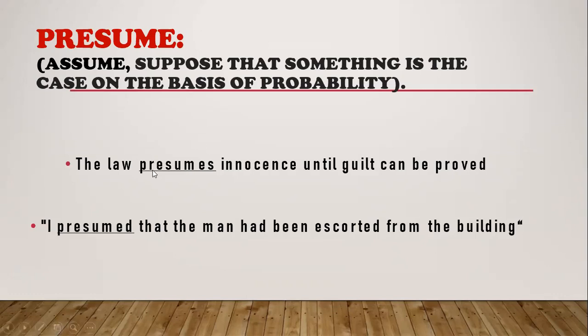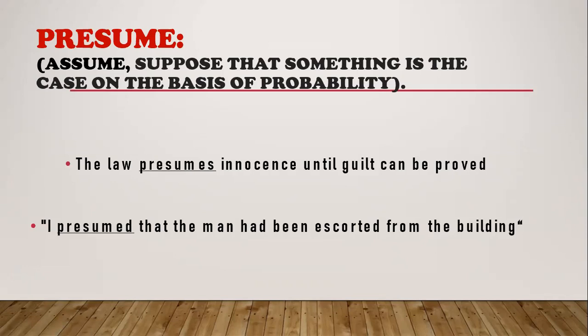Here's my first example. The law presumes innocence until guilt can be proved. That's a reality, right? That person cannot be guilty until what? The detective or the lawyer presents the evidence. So we need to be very concentrated for this, because we cannot presume just because I think.